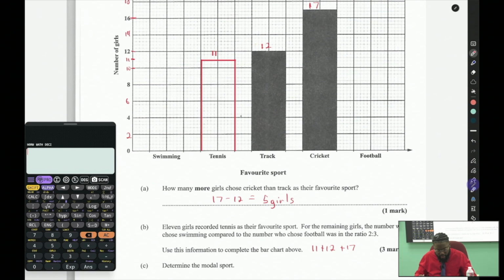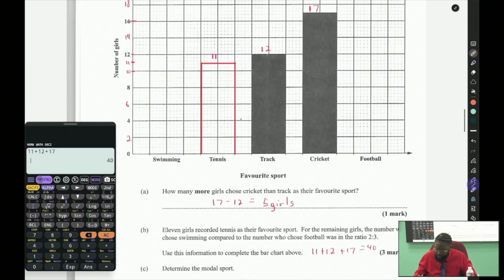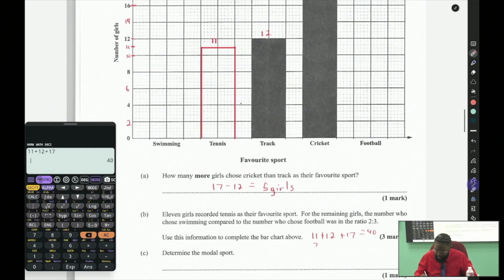Let me quickly use the calculator, which is 40 girls, and that is 40 out of a total of 75. So 75 minus 40 gives us 35.